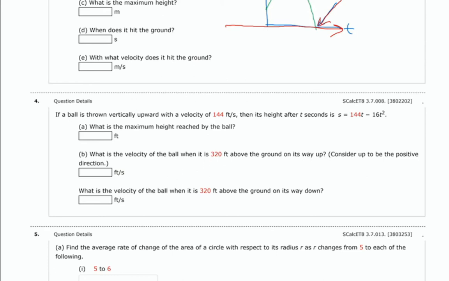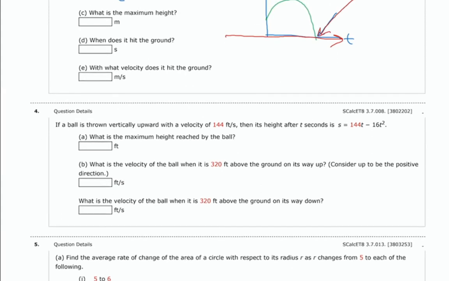So the velocity of the ball when it is 320 feet above the ground. If you take your position function, s equals 144t minus 16t squared, and you set it equal to 320 feet, and you solve it, I would subtract 320 from both sides.